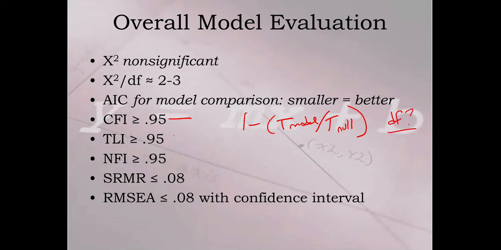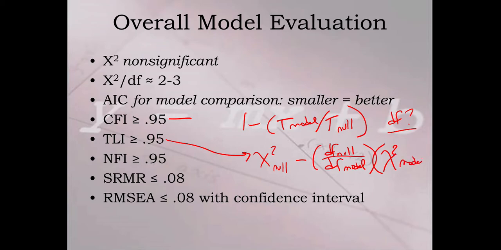They're absent. Whereas in the Tucker-Lewis, they basically take the chi-square for the null model minus degrees of freedom for the null model divided by degrees of freedom for your specified model, times the chi-square for your specified model, divided by, take that whole thing, chi-square for the null model minus degrees of freedom for the null model.